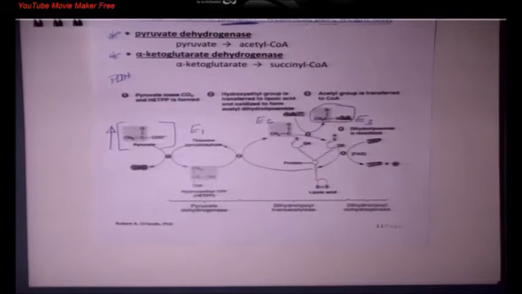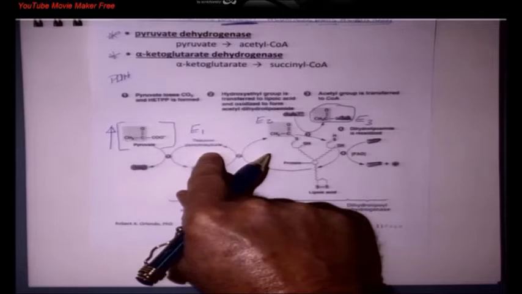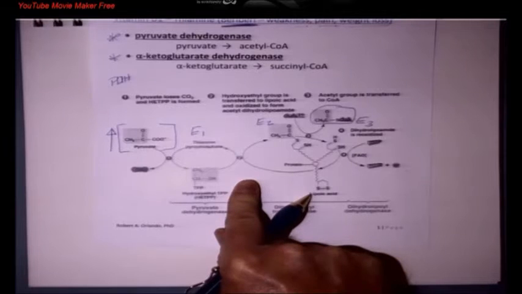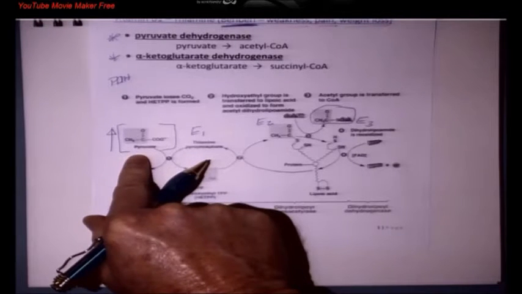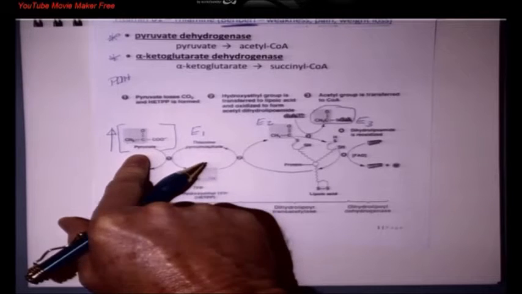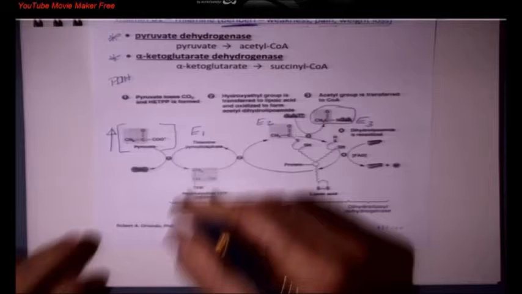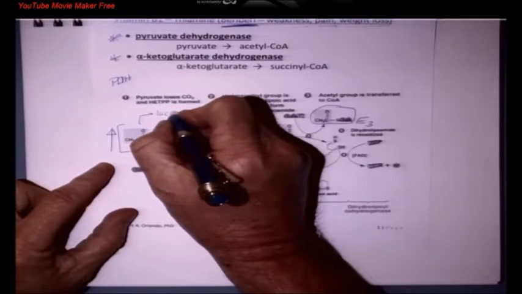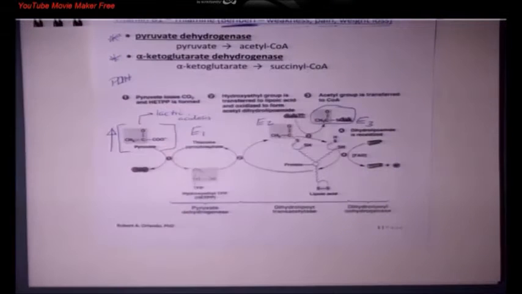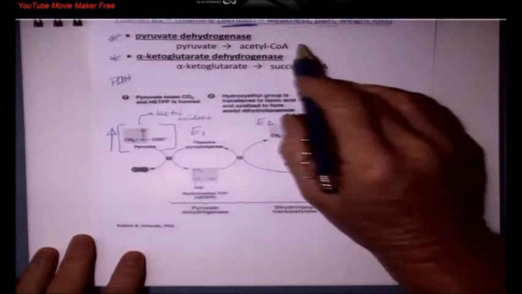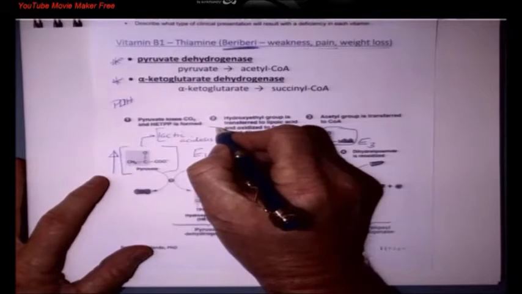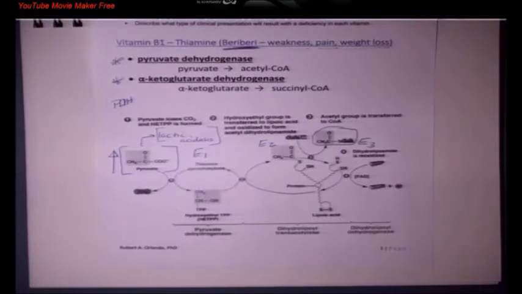Because thiamine deficiency is the same thing as having a genetic mutation on this enzyme or lack of the enzyme. And if pyruvate builds up, what happens there? Where does it go? Yeah, it goes to lactate and lactic acidosis. So add on to the weakness, pain, muscle cramps, tired, blah, blah, blah. Add on there that a thiamine deficiency can lead to lactic acidosis because you've got a block in pyruvate processing.